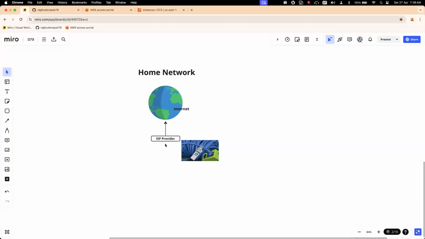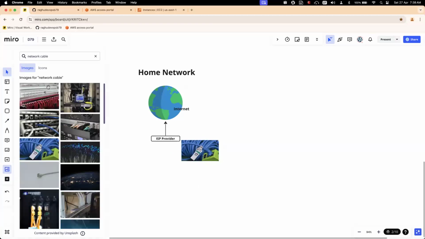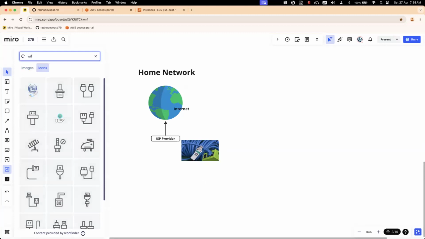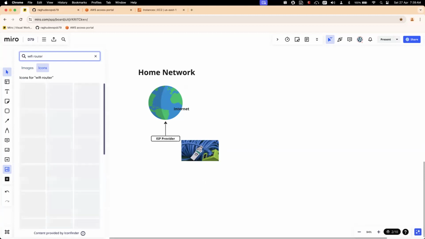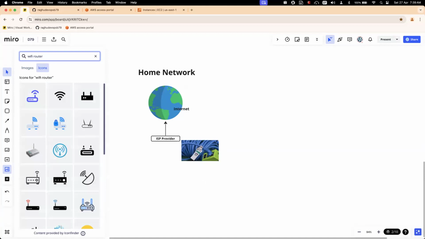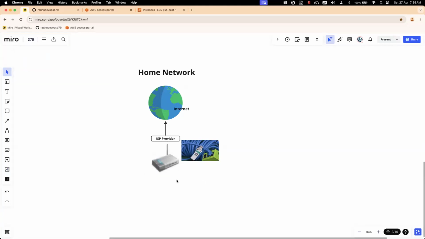Now he's keeping the cable under the Wi-Fi router. We're calling it a Wi-Fi router. It could be a wired router as well if you're not using Wi-Fi. It can be anything. So he will put the cable to this kind of a device.